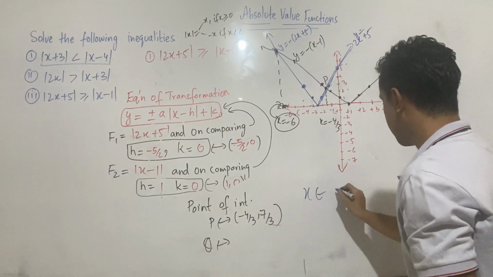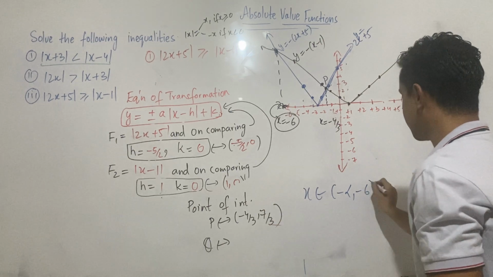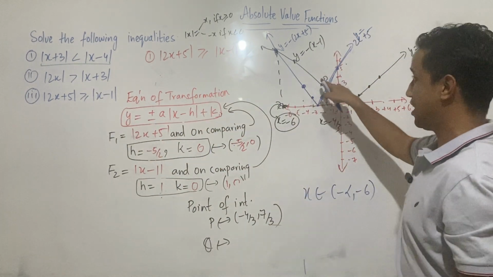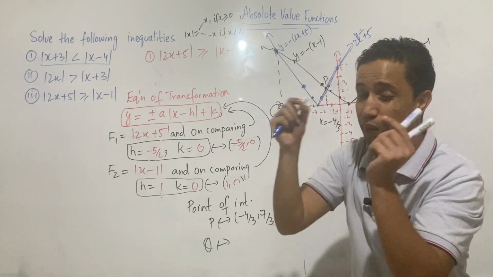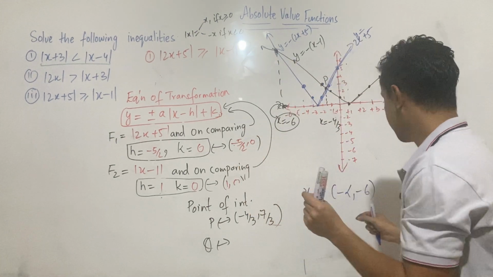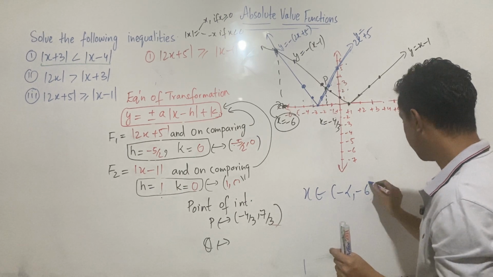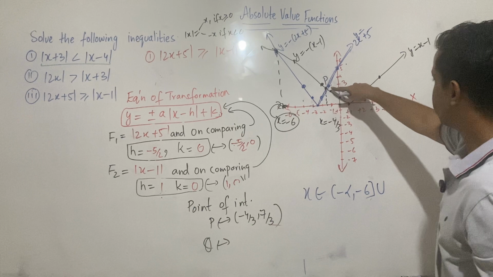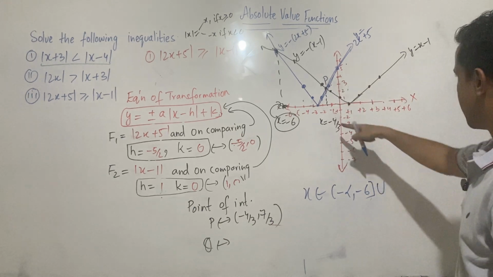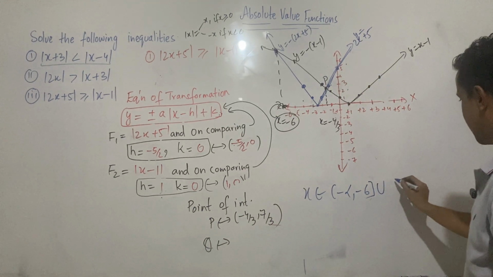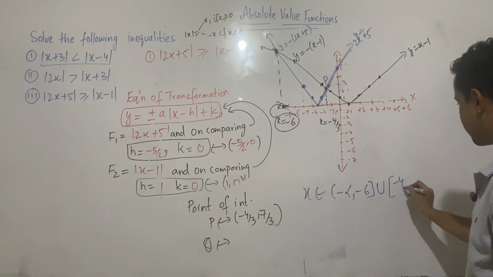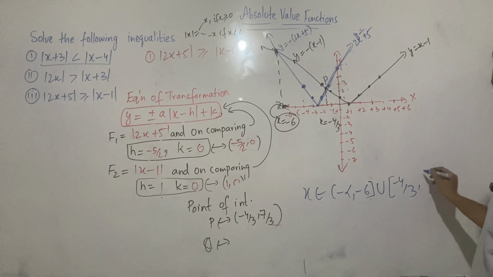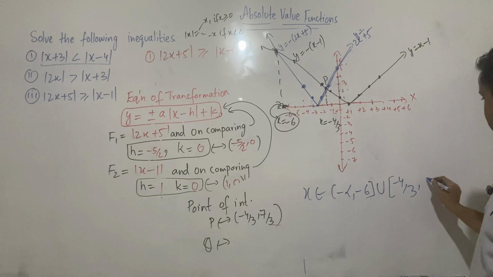I can say minus infinity to minus 6. But here, greater than or equal to means the points on the curve are also included, so this is going to be closed. And union minus 4 by 3, again points on the curve, that's why closed, to plus infinity.